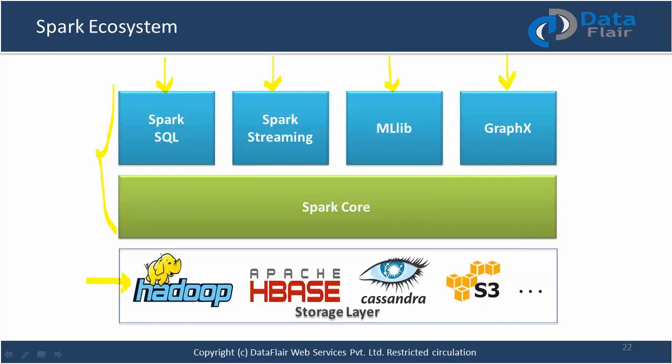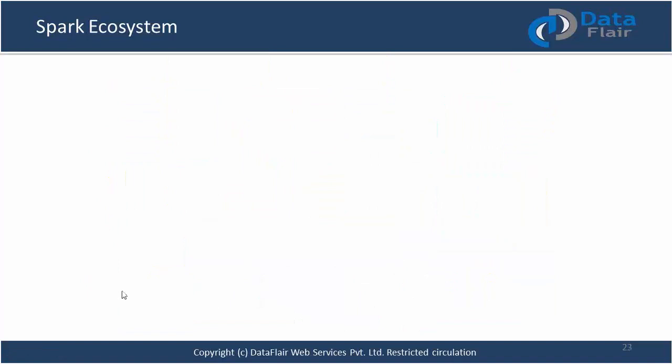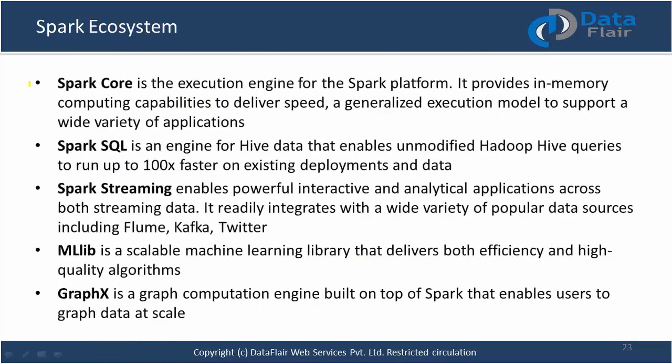Let's talk about ecosystem components in more details. First component, Spark Core, is the execution engine for Spark platform. It's the core execution engine which provides in-memory computation capabilities, which provide high efficiency, pretty high speed, and provides a generalized execution model to support wide varieties of applications.